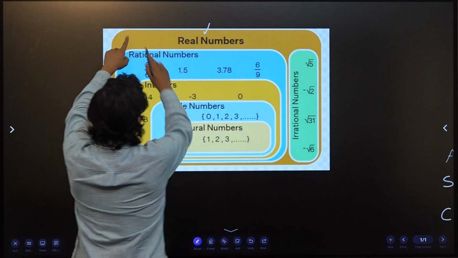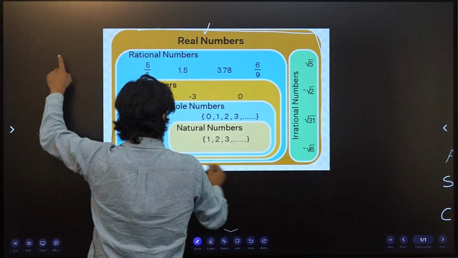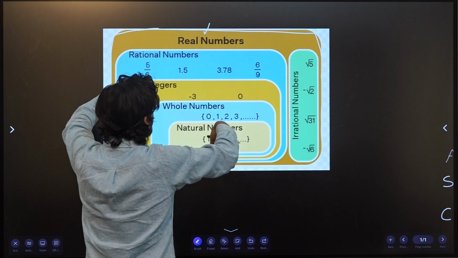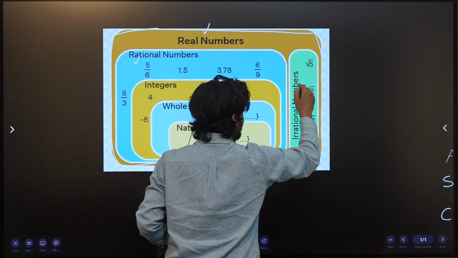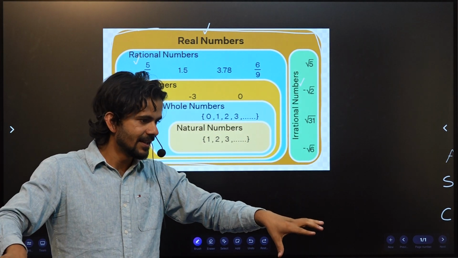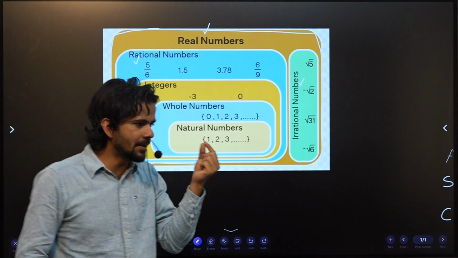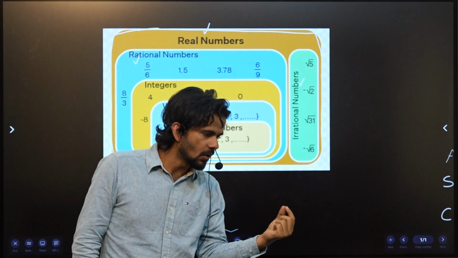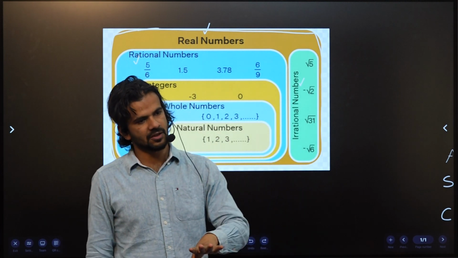This represents all the real numbers, and inside real numbers you have rational and irrational numbers. They are disjoint, they are not connected. That means a number can be either rational or irrational.